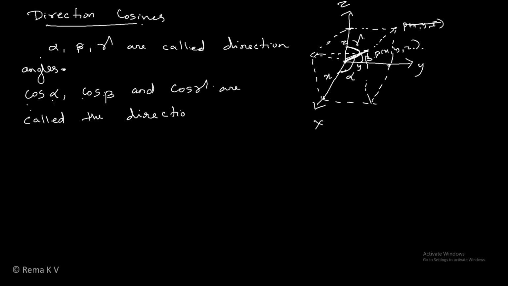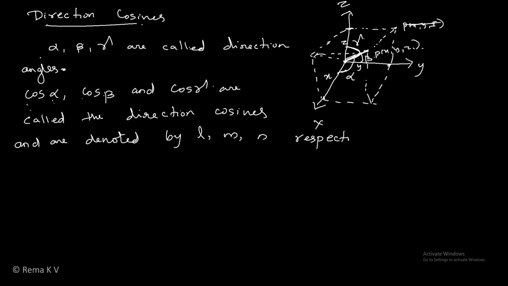These are called the direction cosines and are denoted by l, m and n respectively.